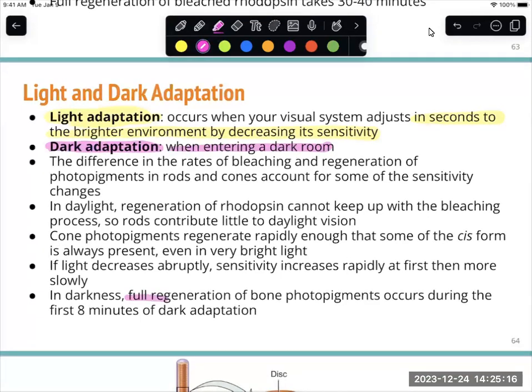In darkness, full regeneration of these photopigments usually happens in the first 8 minutes. In daylight, regeneration of opsin cannot keep up with the bleaching process, so rods contribute very little to what you see during the day. Cones regenerate very rapidly.